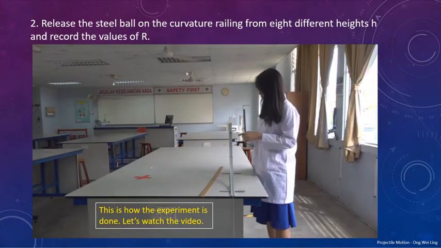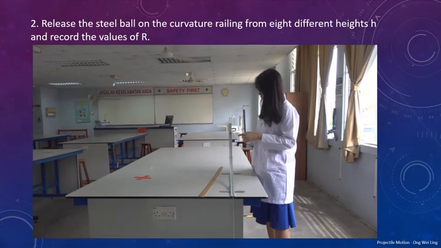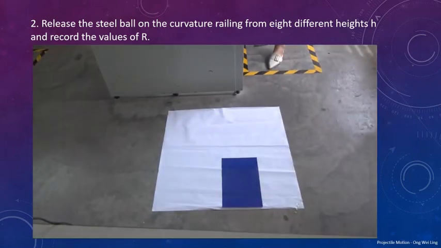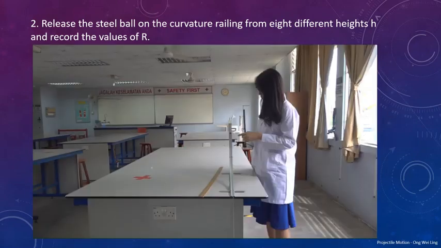Release the steel ball on the curved railing from 8 different heights h and record the value of R. This is how the experiment is done. Let's watch the video. Repeat again.